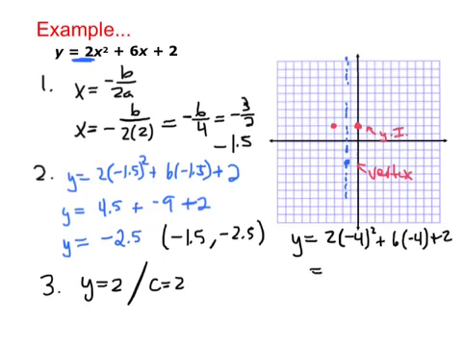When I do this, I get 32, because negative 4 squared is 16 times 2 is 32, plus negative 24 plus 2, and so I get y is equal to a positive 10. 32 plus 2 is 34, minus 24 gives us 10.